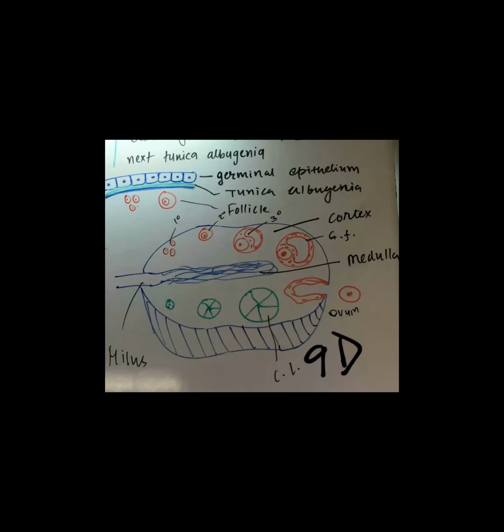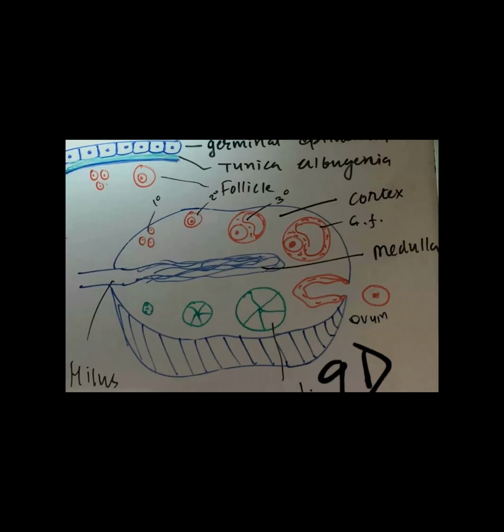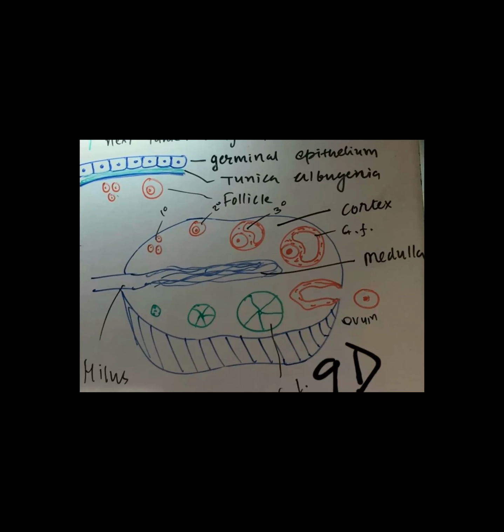Internally, if we see inside the ovary, actually there is a thin epithelium called germinal epithelium. It makes the outermost layer of the ovary.